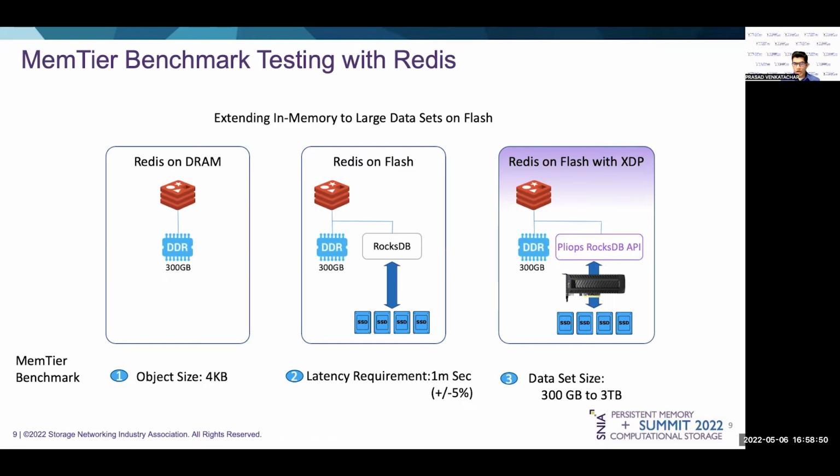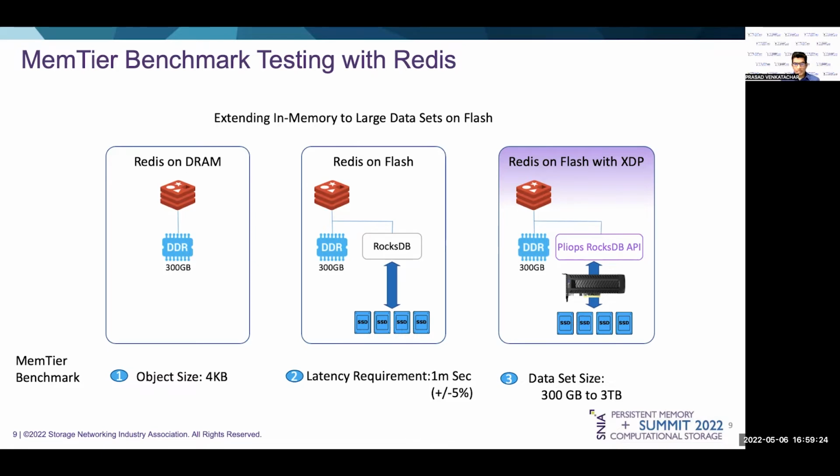Their objective was to use this for a 4K object size, and they wanted it to be throughput optimized while providing a little bit of SLA tolerance. Their objective was to extend the data set from in-memory while minimizing latency impacts and also improving throughput.